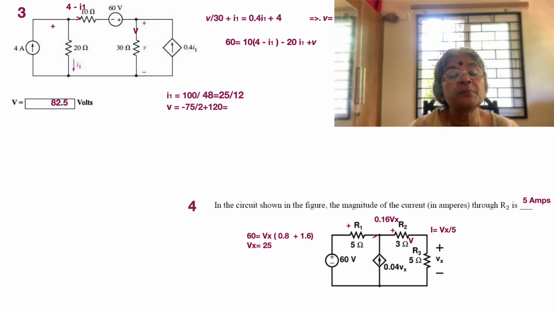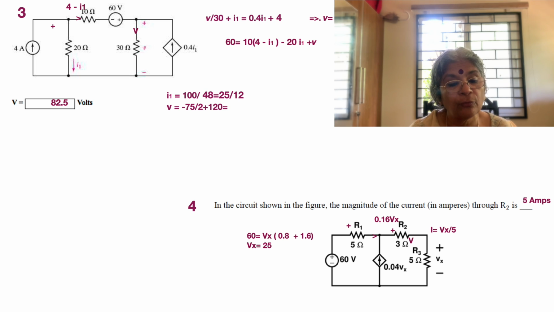That means 0.2 Vx has to be created by another current from the 60 volt source, which is 0.16 Vx, because 0.16 Vx plus 0.04 Vx gives you 0.2 Vx. So the current distribution is clear: 0.16 Vx comes to the junction, it is joined by 0.04 Vx from the current source, and together they flow as Vx by 5, or 0.2 Vx, in the 3 ohm 5 ohm series.